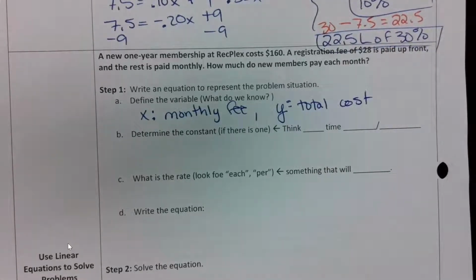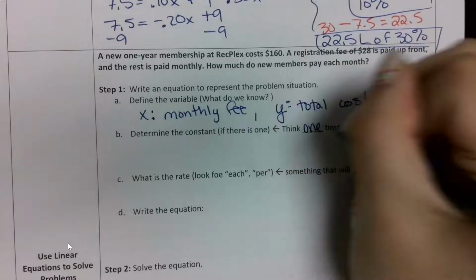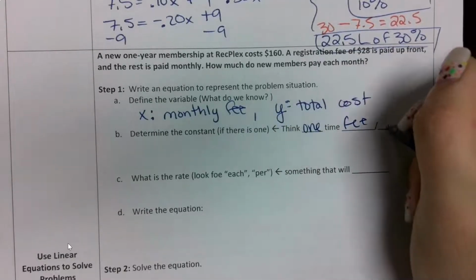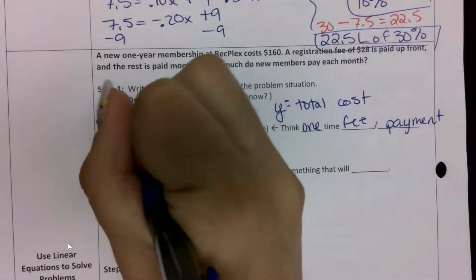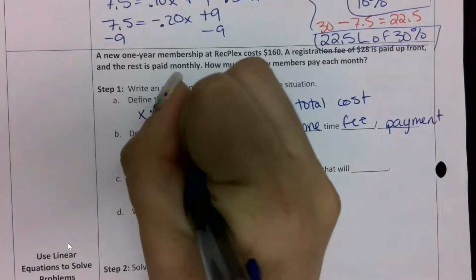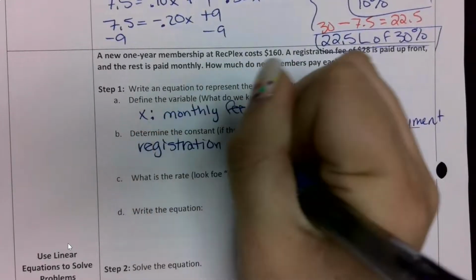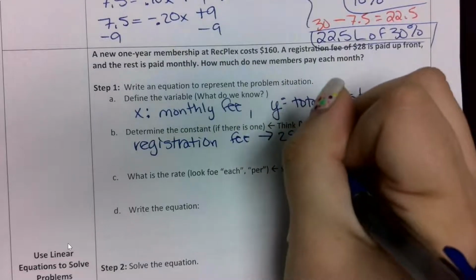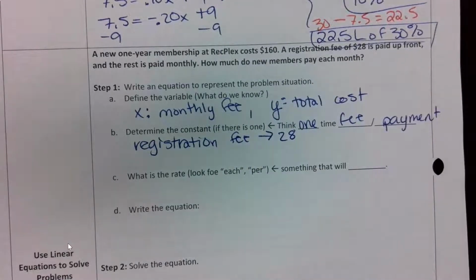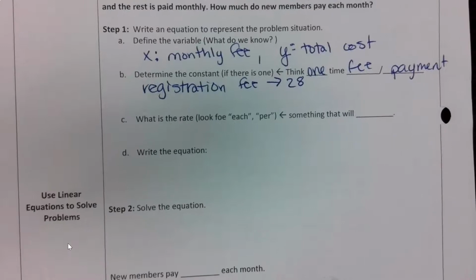Part B wants me to determine the constant if there is one. So what I want to think is a one-time fee or payment are typically going to be my constants. This is the registration fee of $28. Next, I want to look for a rate that is going to repeat.